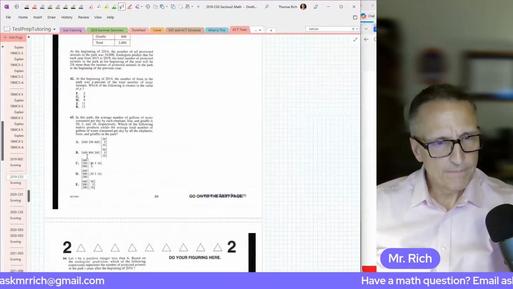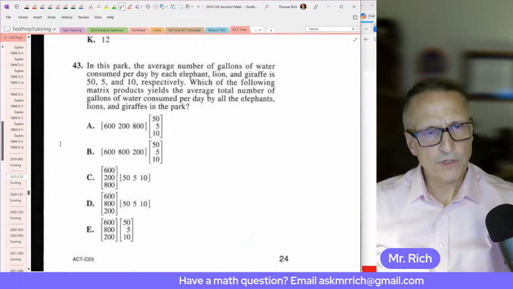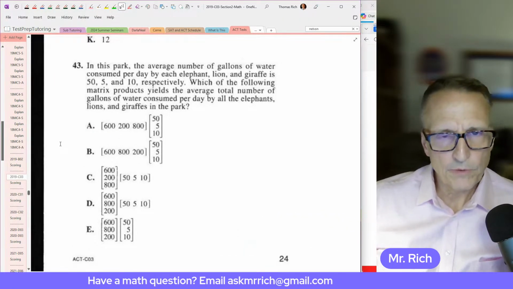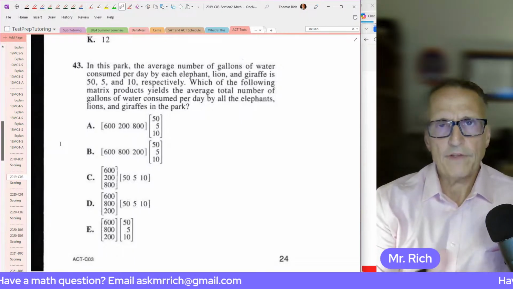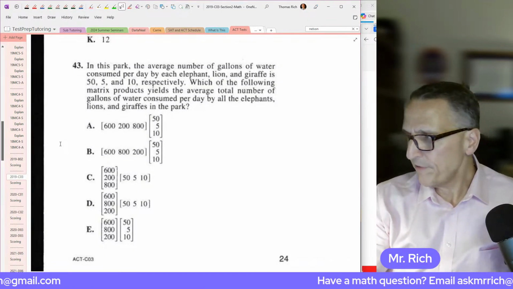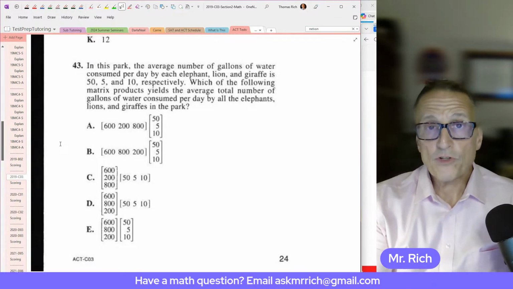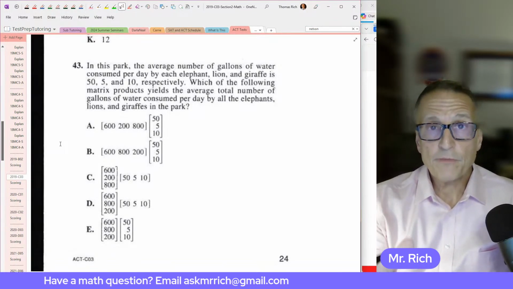And here we go. So here's one. This is a good one to cover because this would be one that would appear towards the end of the test, questions 31 through 45, the last 15 questions of their enhanced version. You could expect a more challenging matrix. This is matrix multiplication here.